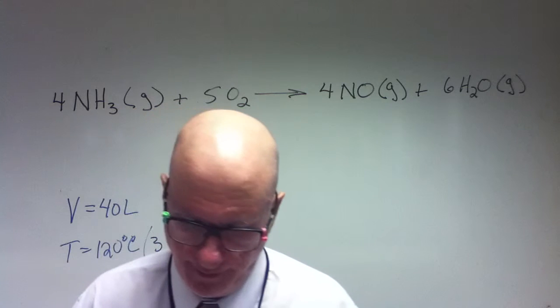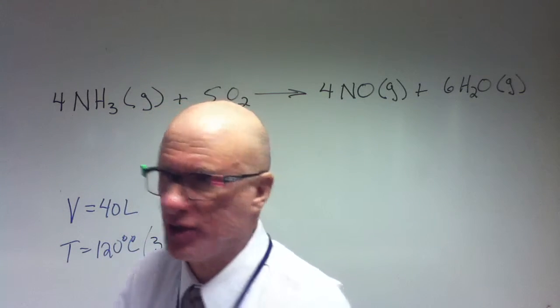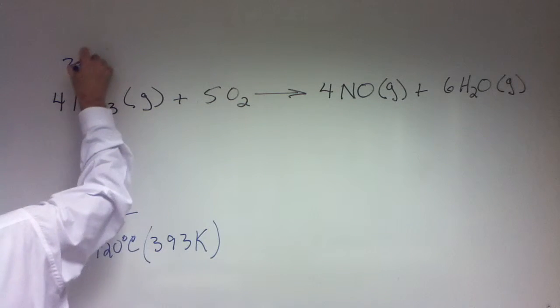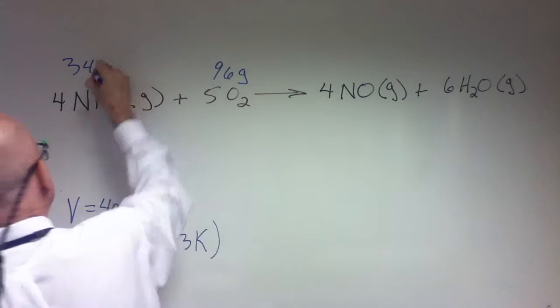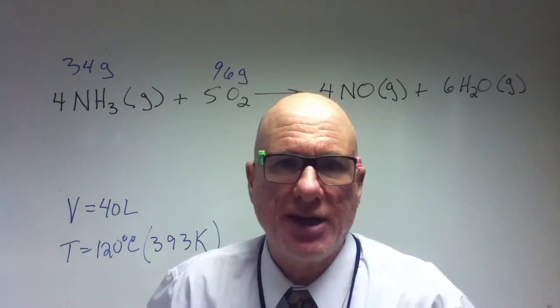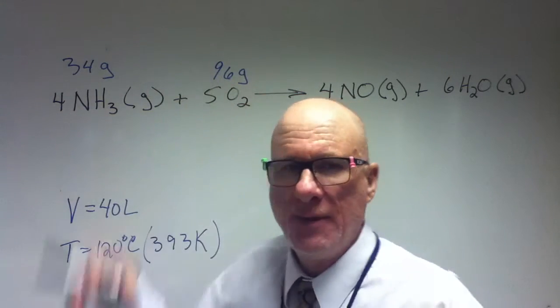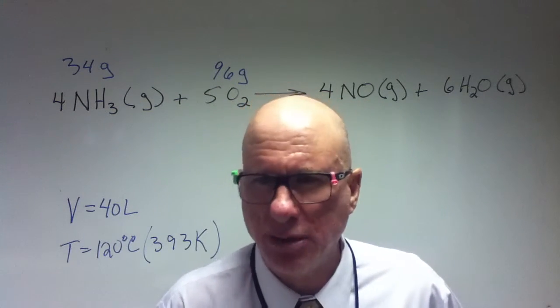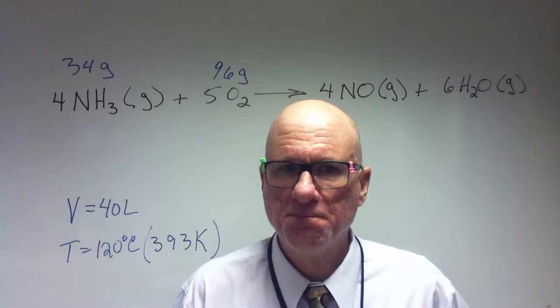Now, it says when 34 grams of ammonia reacts with 96 grams of oxygen. 34 grams of this, 96 grams of this. So right away, what kind of stoichiometric problem is it going to be? It starts with an L. Do you remember?